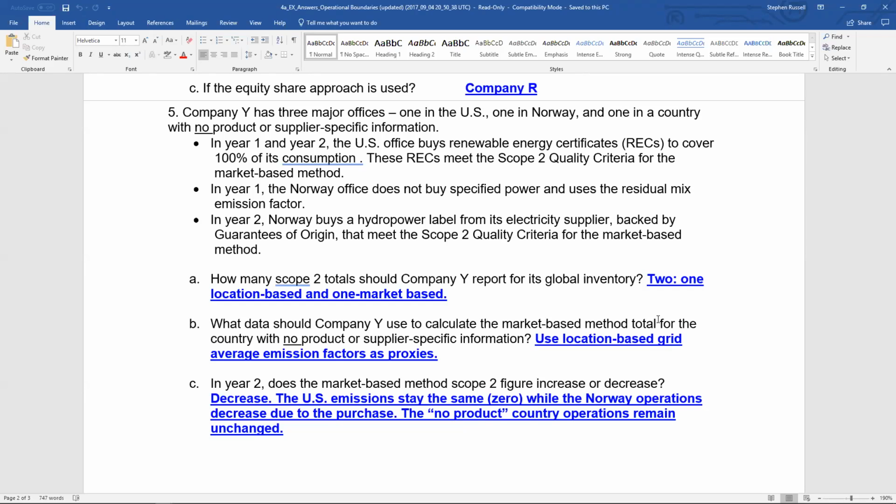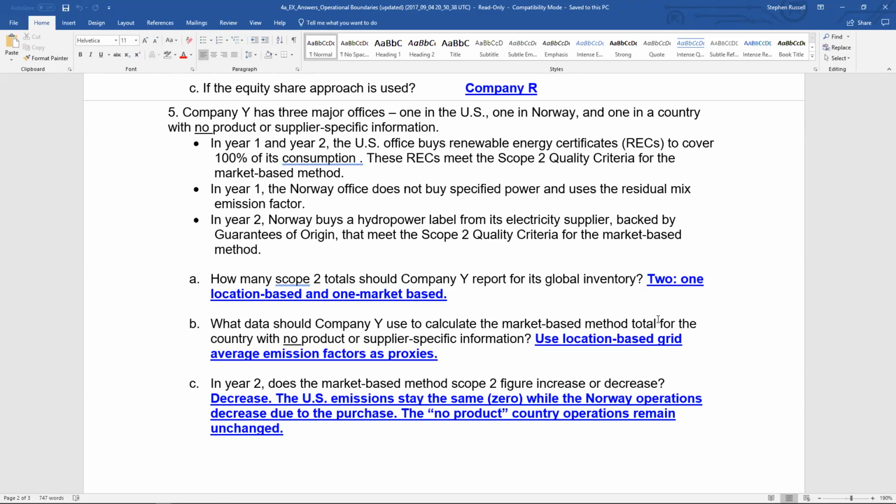So company Y in this case would have to report 2 Scope 2 totals, one corresponding to the location-based approach and the other corresponding to the market-based approach. What data should company Y use to calculate the market-based method total for the country with no product or supplier-specific information? Well, in this case, the company has 2 options.